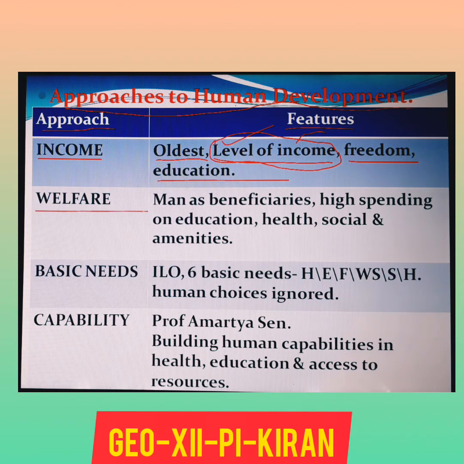The next one is the welfare approach. In the case of the welfare approach, man as a beneficiary gets a lot of social amenities and facilities to have human development and a better quality of life. Here, the problem is the government is spending very high on education, providing good health to the people, and providing many other social amenities.